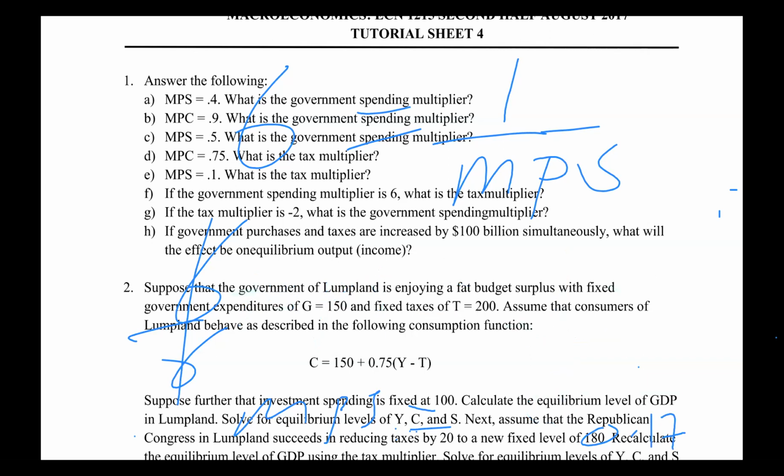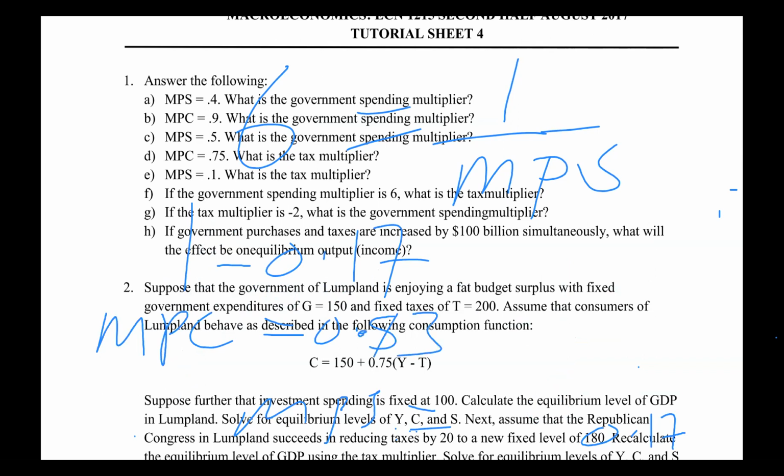So say 1 minus 0.17, that should give us MPC. 0.83. Okay, so you can say negative 0.83 divided by 0.17, right? To get the tax multiplier.